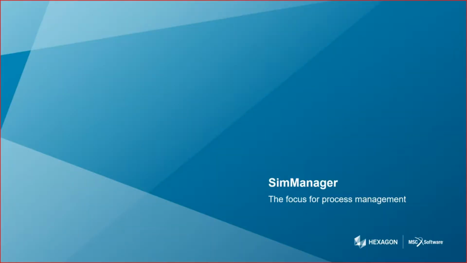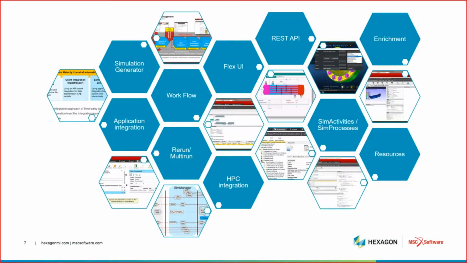Okay, so for today, the focus, as I say, is very much on process management. Process within SimManager is quite a broad-ranging discussion. Different processes are important to different people, and out of everything that's available in SimManager, there's a wide, rich list of capabilities that we could implement and talk about in relation to processes.